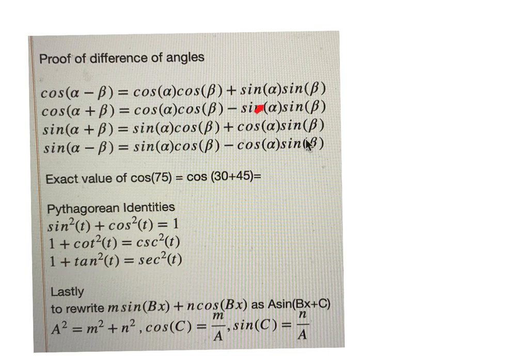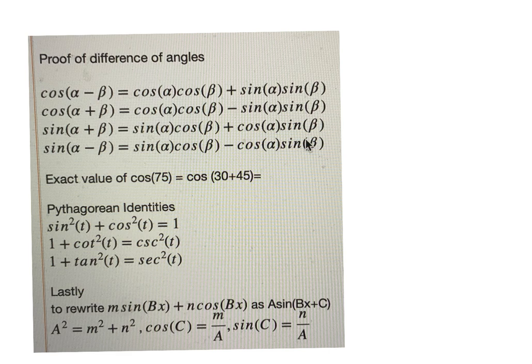And then these are difference of angles. If we had time, which we didn't in class, I was going to prove a couple for you so you could see it. But if I have a number like cosine of 75, I can use this idea to find the exact value of cosine of 75, because 75 would be the sum of 2 angles, 30 plus 45.